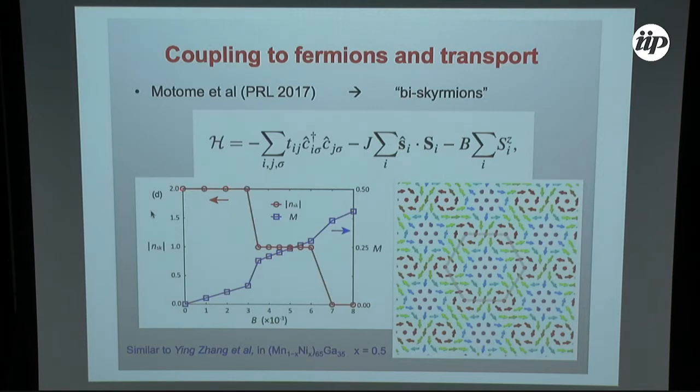This red here is the skyrmion number. They have charge 2 skyrmions, then charge 1 skyrmions, and then charge 0 skyrmions in this model. This is a picture of charge 2 skyrmions. Why it's interesting is because I have met this lady, Ying Zhang, whose name is difficult for me to pronounce, and they have been looking at these materials.